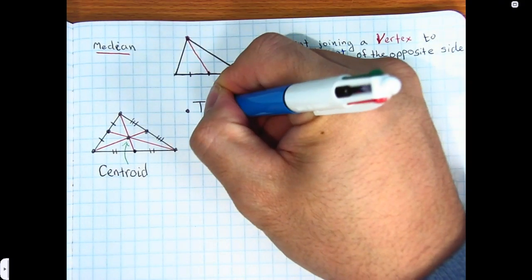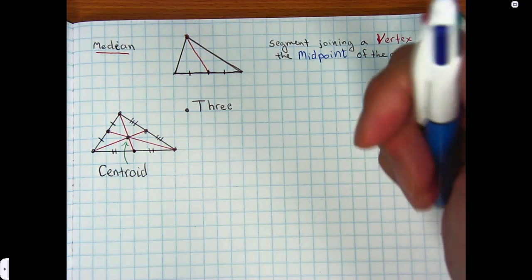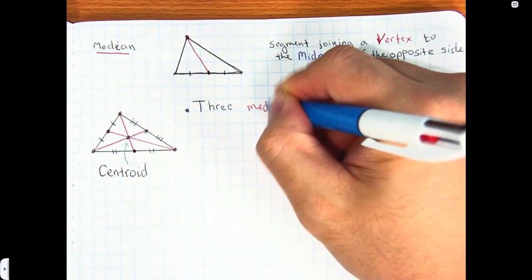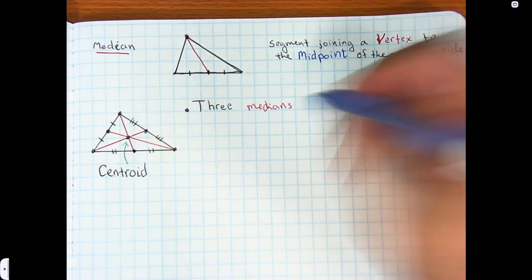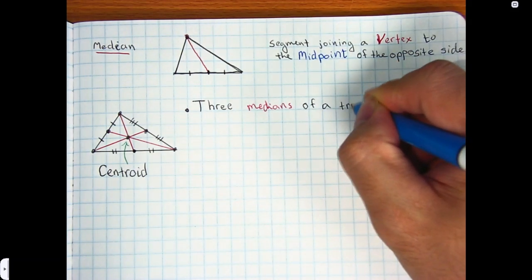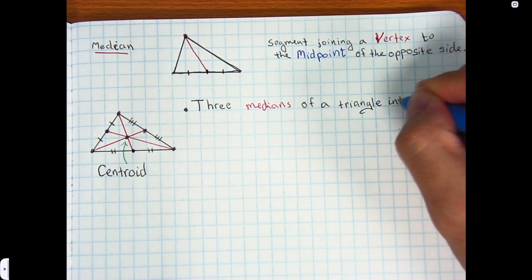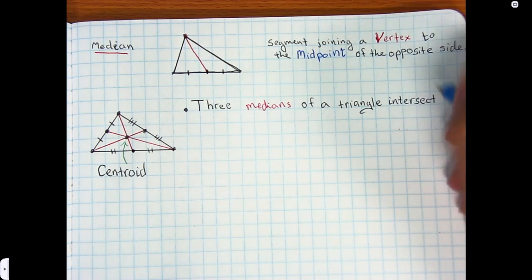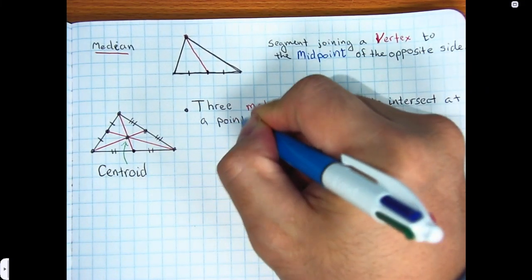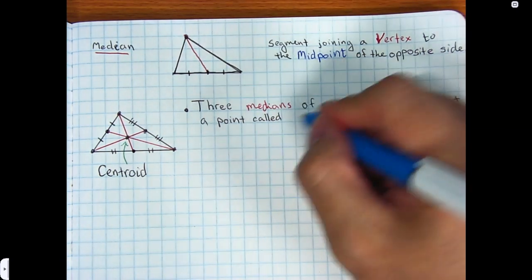The 3 medians of a triangle will intersect at a point called the centroid.